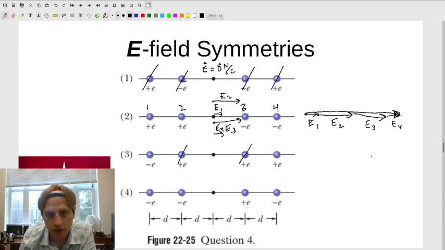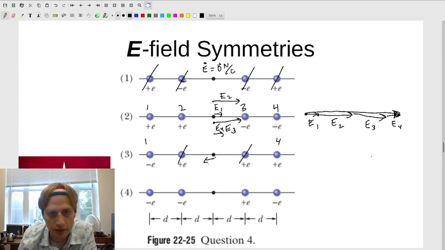These ones, effectively their contributions are going to cancel out because they're going to be in opposite directions. And then right here, if I call this 1 and 4 again, I would have my E1 pointing into the minus.